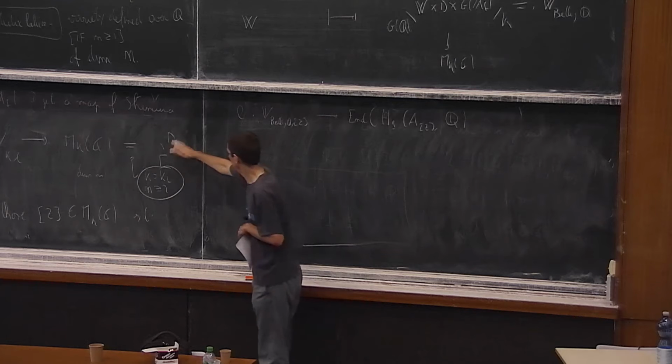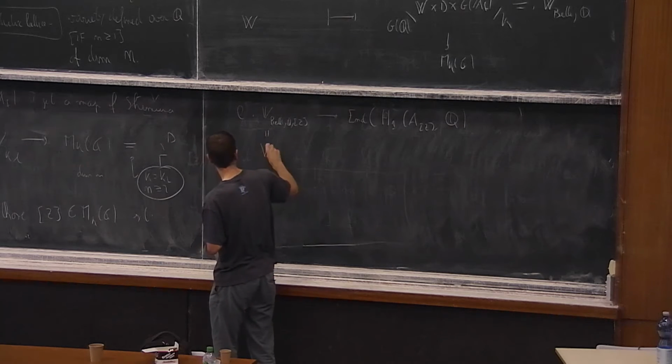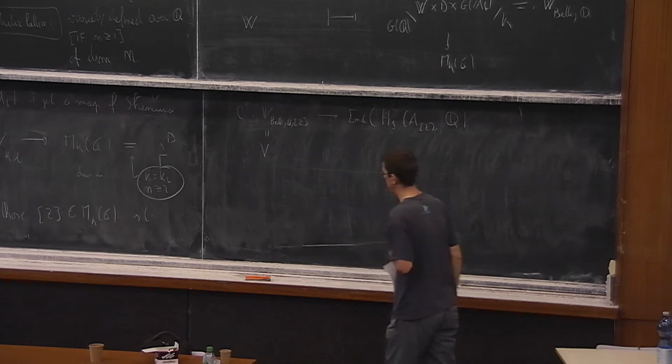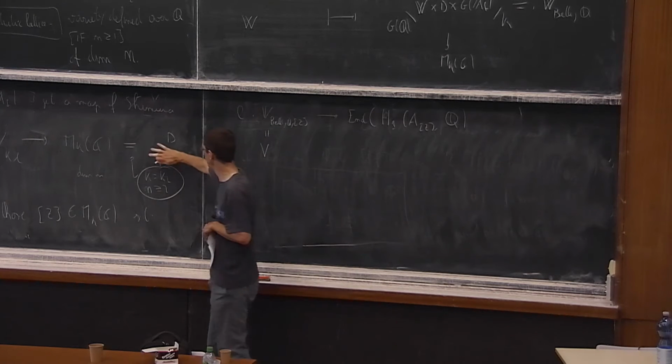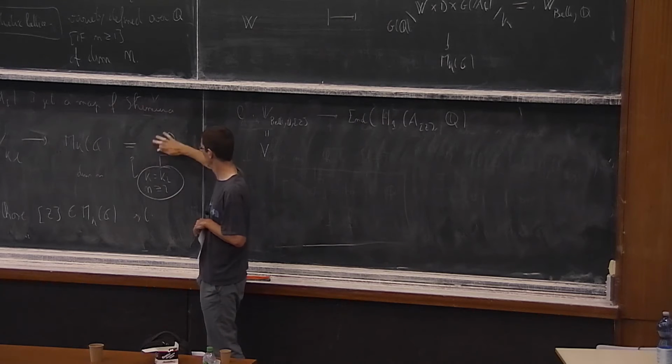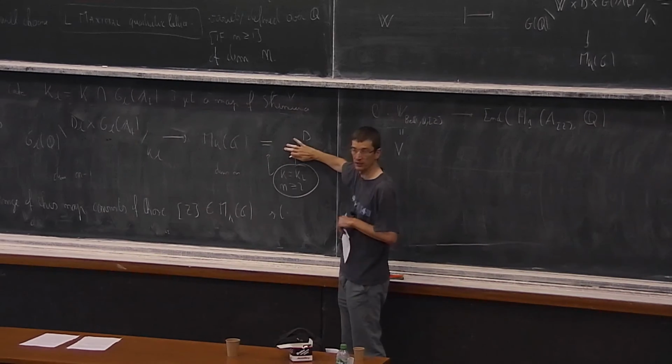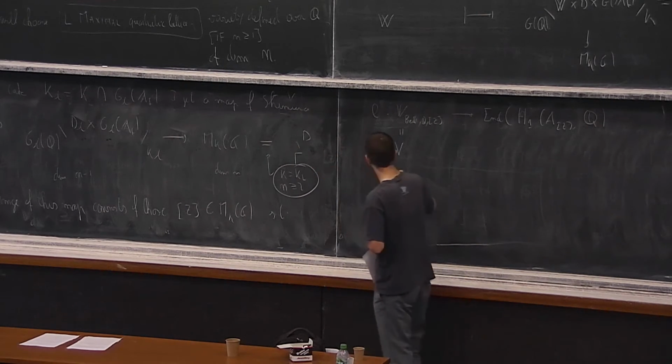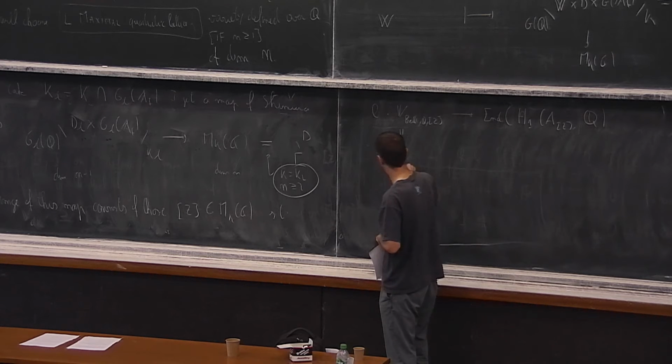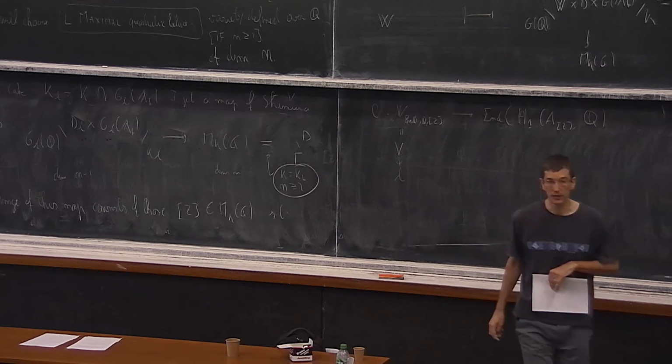So these I can simply identify with the Q vector space Z, simply because I have one component, and on the pullback of my local system to D, I simply really have V. So I can talk about my lambda in here, okay?